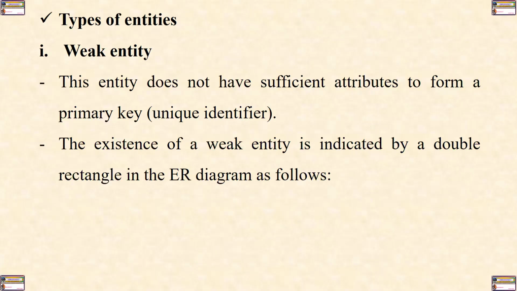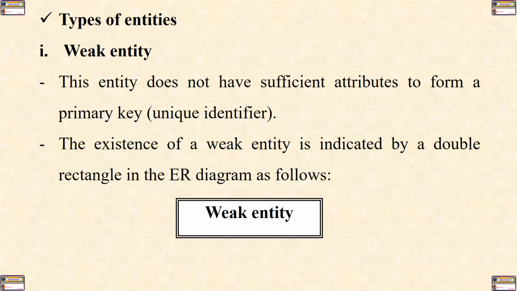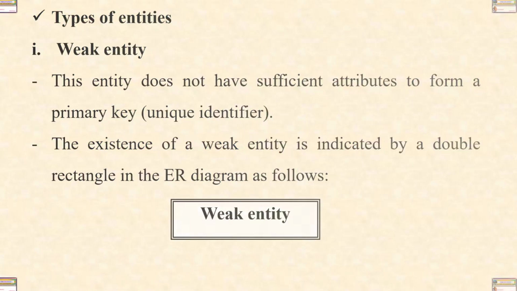The existence of a weak entity is indicated by a double rectangle in the ER diagram as follows. So if an entity is weak, we use a double rectangle, or the symbol which looks like two parallel lines around. These are like two rectangles in one, and we write it as weak entity.